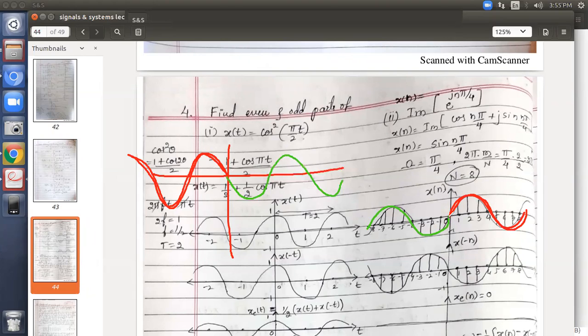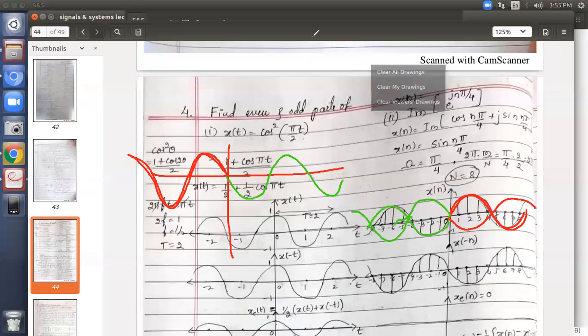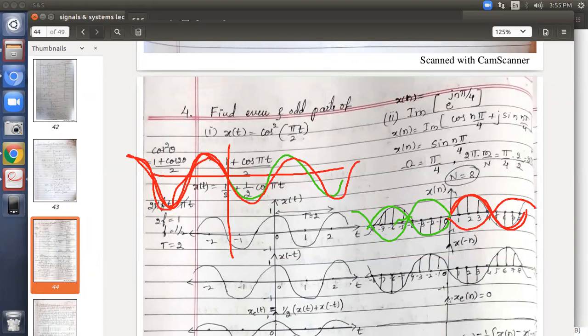You can observe it. The reflection of the green color is like this, and the reflection of the red color is like this, right? So all together, if I want to draw it, the signal looks like this, continuously varying. Okay, this is x of minus n.